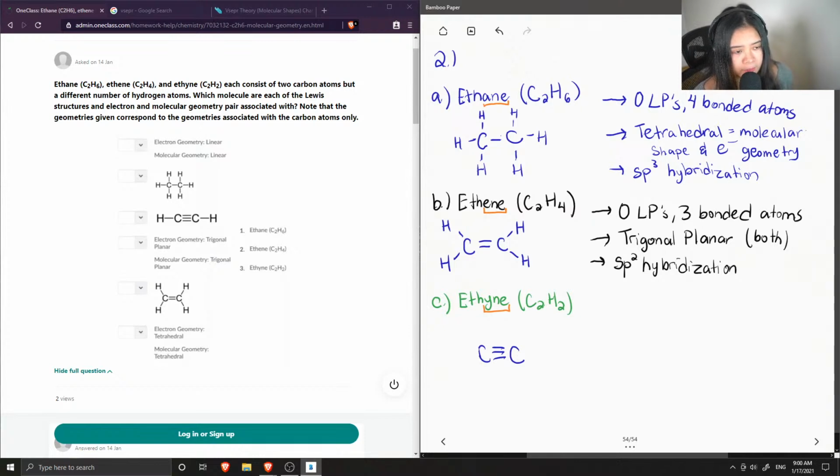And since carbon wants 4 bonds in total, I'm just going to draw the 1 hydrogen attached to each carbon. And now we have the Lewis structure for ethyne.